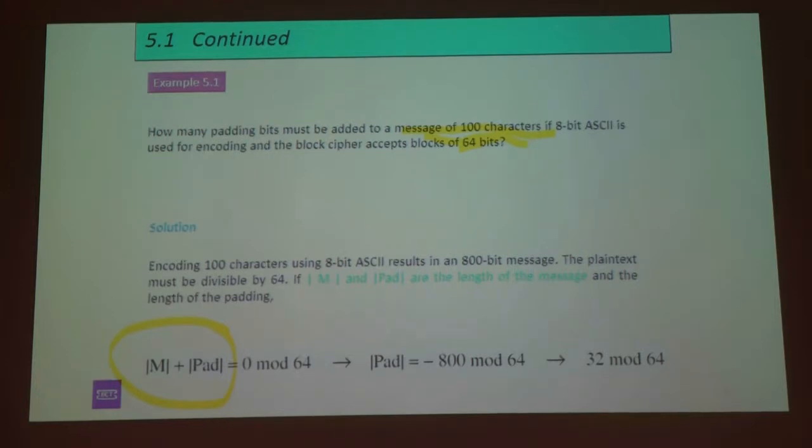So you have to add a certain length to the message. To solve this, the pad size will be -800 mod 64. That means we have to add 32 bits to this message to have it in multiples of 64. So you could have multiple blocks of 64.